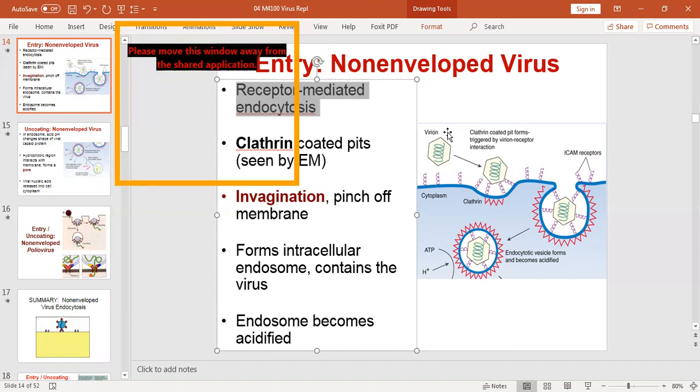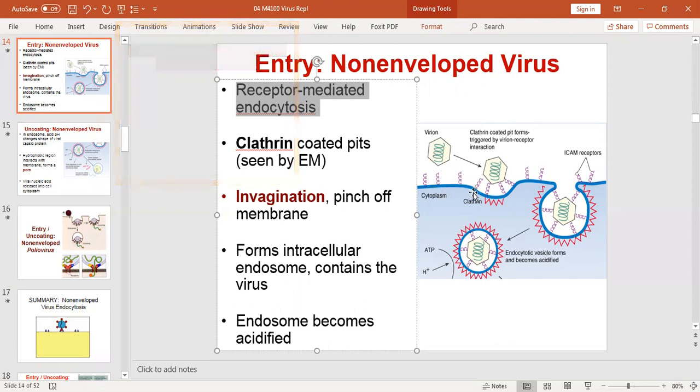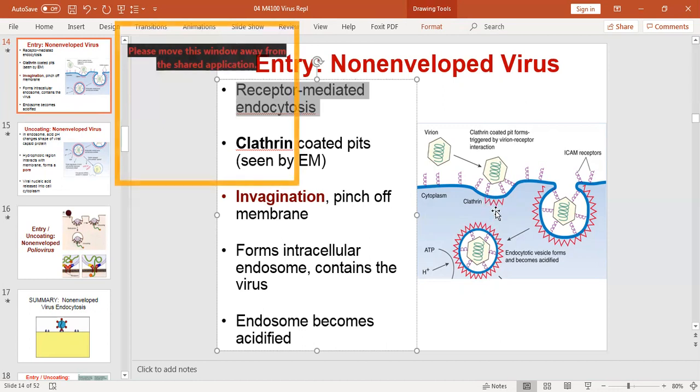So basically, the virion or viral particle recognizes specific receptors on the host cell plasma membrane, and in a region of the host cell plasma membrane, on the inner leaflet, there are these proteins called clathrins sitting. The virus binds there, and then the next step would be invagination.